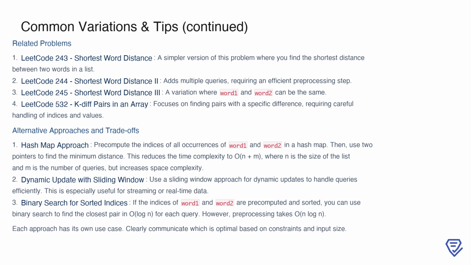Another option is binary search. If the indices for word 1 and word 2 are pre-computed and sorted, you can use binary search to quickly find the closest pair, which is efficient for repeated queries. Each of these approaches has its own trade-offs, so it's crucial to choose the one that best fits the constraints and input size of the problem you're solving.